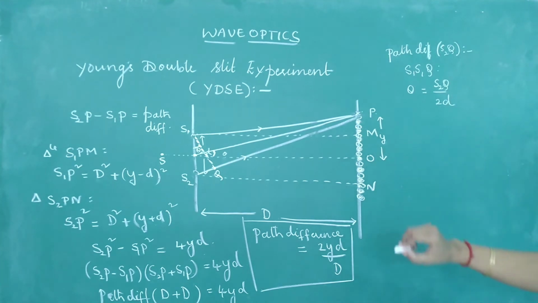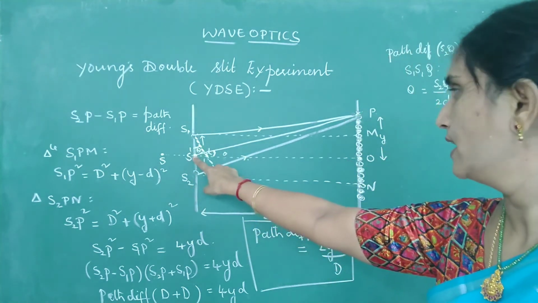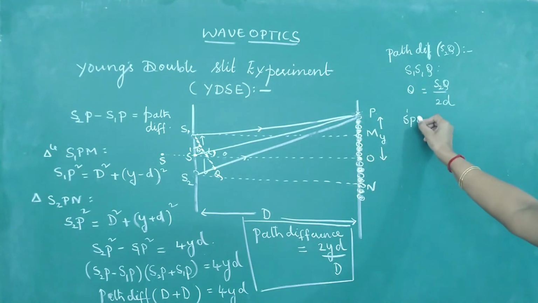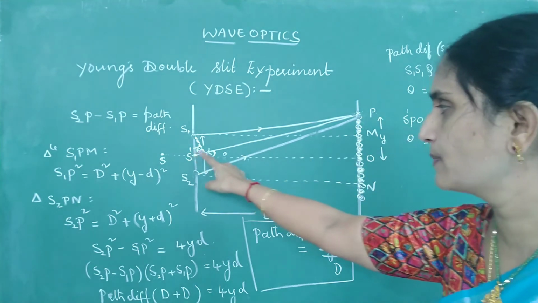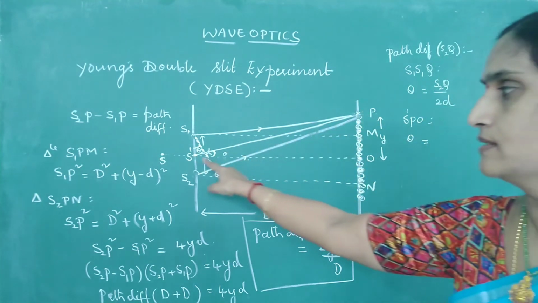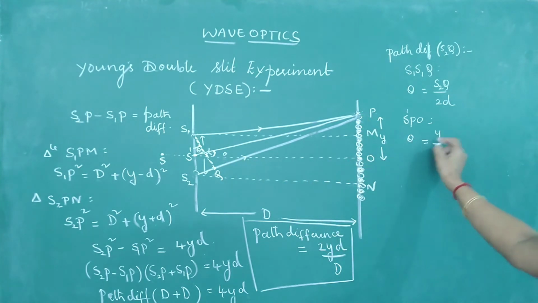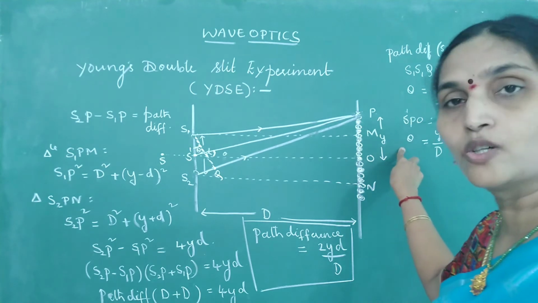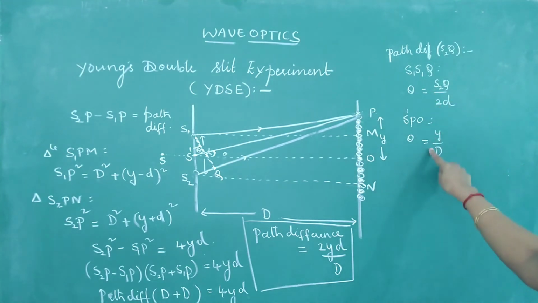Similarly, from this triangle, let me name this point S dash PO, theta is very small. So what is tan theta from this triangle? You can write theta as the opposite side y by the adjacent side capital D. Here we took sin theta; anyway sin theta tends to theta, and tan theta also tends to theta when they are very, very small. Now equate both of them.